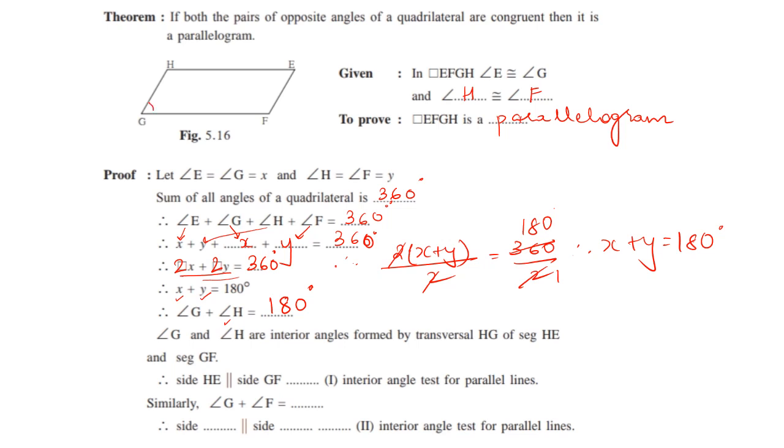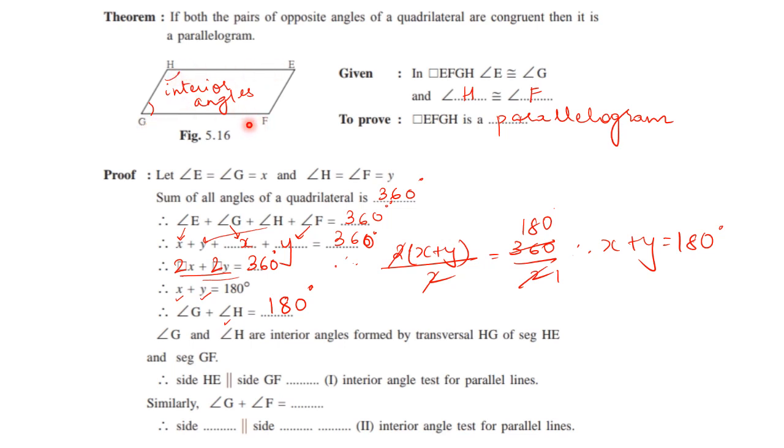So you can see angle G and angle H are the interior angles which are formed by the transversal HG of segment HE and segment GF. So by the interior angle test of parallel lines, we can say that side HE is parallel to side GF.